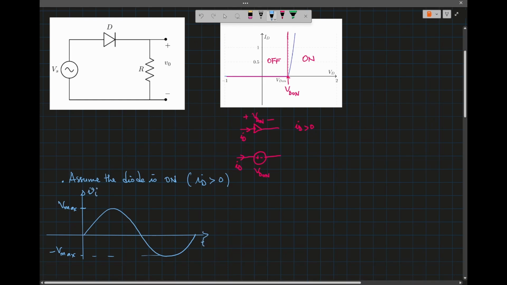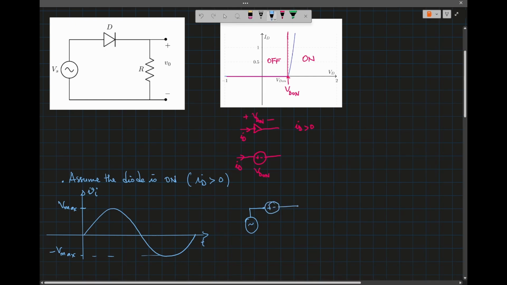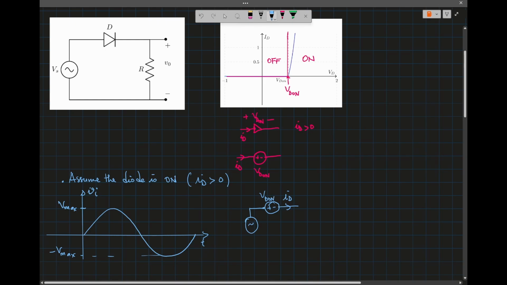So this is time. So what I'm going to do, I'm going to draw the network, and because I assume that the diode is on, I am going to replace the diode by a voltage source, and the current to the diode. If the diode is on, we call it VD on, as ID, and the voltage across that diode will be VD on. So we are going to find the voltage across the resistor.